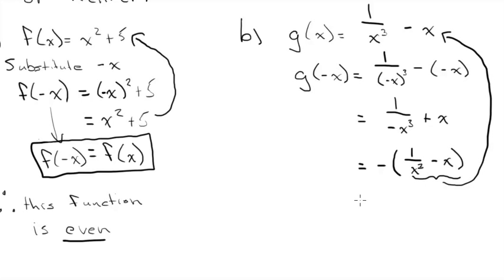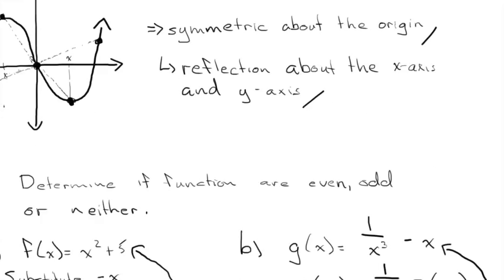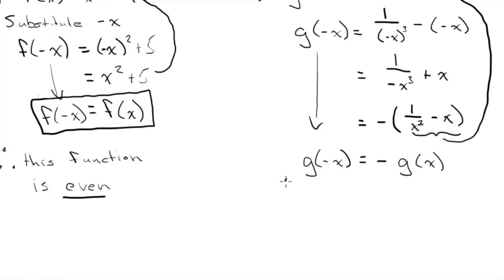So there's just a negative in front of it, which means negative g at x, which was equal to this thing here, which is just g at negative x. Well, that's the definition again of odd functions. So therefore, this function is odd.